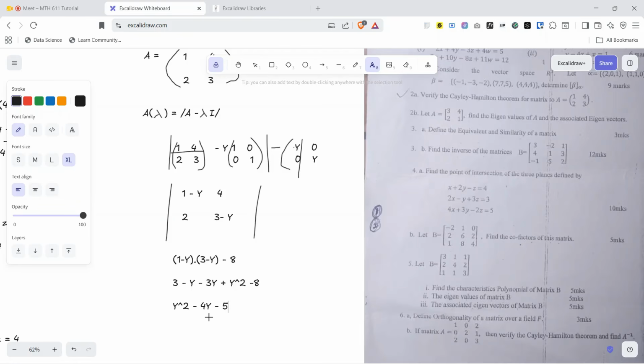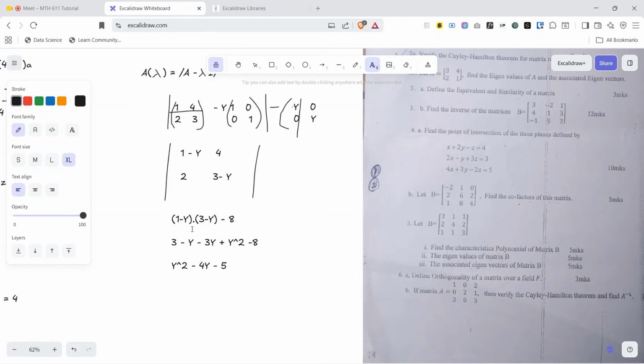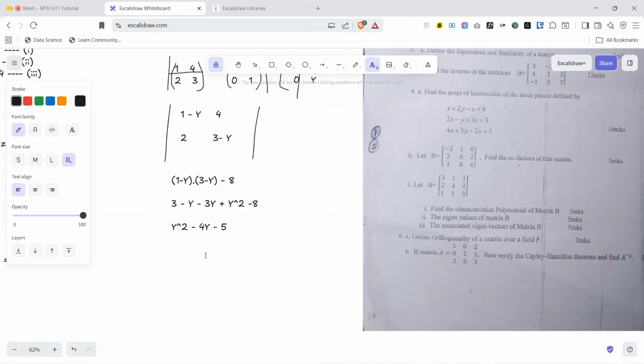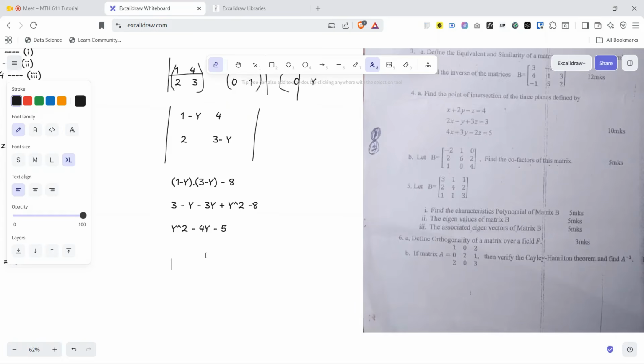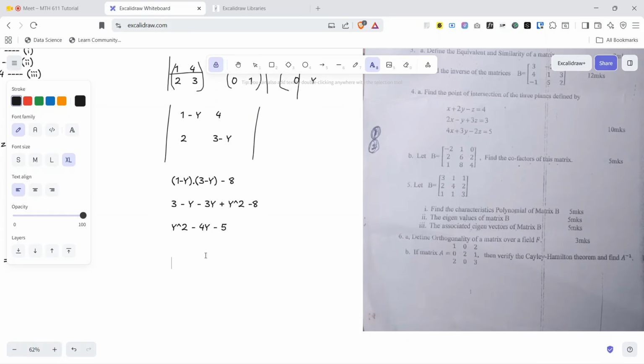Yes. Okay, thank you. So when you are writing this, don't write y. Make sure you are writing lambda, please. I cannot get the actual sign, that is why I'm improvising, because that's very important.